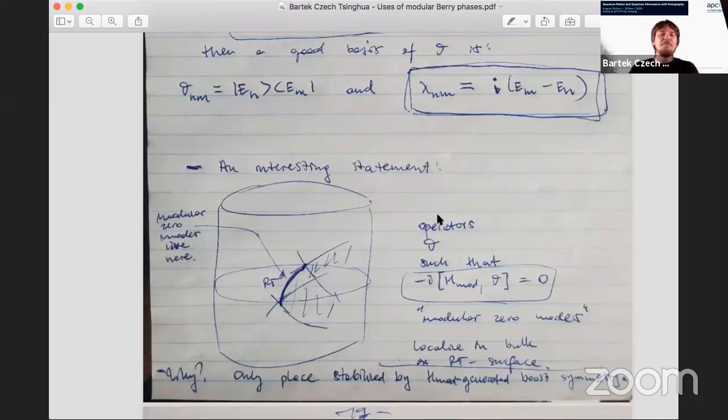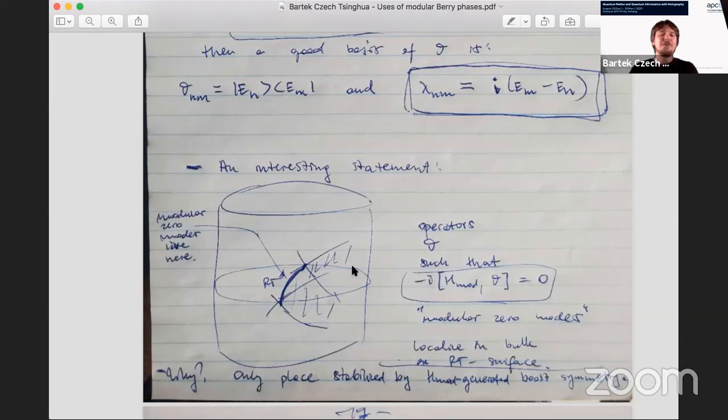Let's say that I decomposed an operator into these modular eigenmodes, and I just picked out a modular zero mode. The statement that we owe again to some combination of Tom Faulkner and Aitor Lewkowicz and collaborators is that the zero mode piece of an operator is the piece that localizes just on the RT surface.